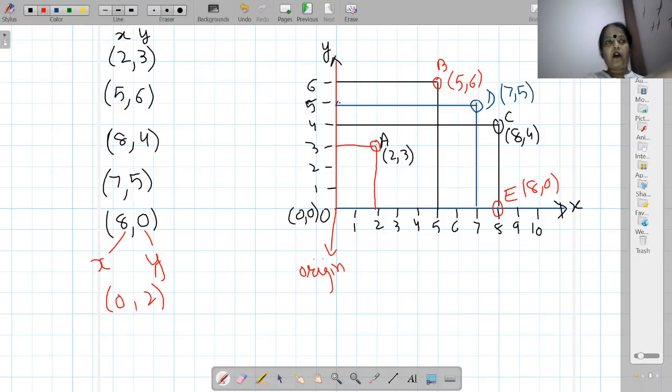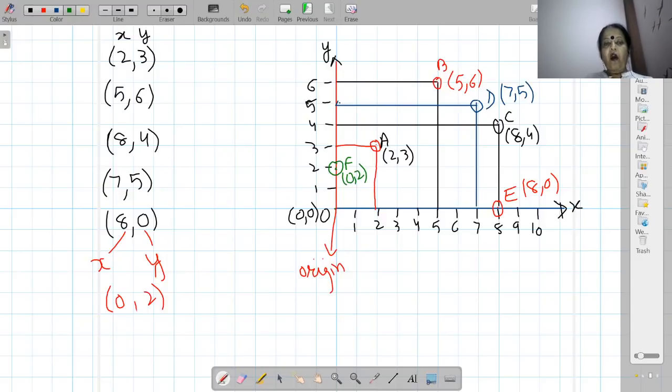How will you plot this value? X value is 0 and y value is 2. So x value is 0 on origin and y value is 2. So you will go on y axis. So this is the value 0 and 2. Name it as F and you will write its coordinate 0 and 2. Okay. So what do you observe from here?